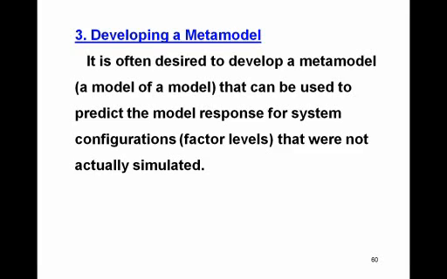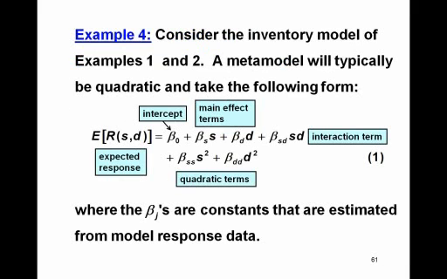And so we can use this to predict the model response for system configurations or factor levels that were not actually simulated. Or we might be able to use this as a vehicle for determining what values of the factor levels can maximize or minimize some objective function or response. Okay, example 4 here.